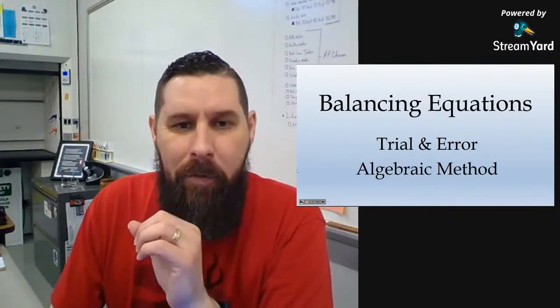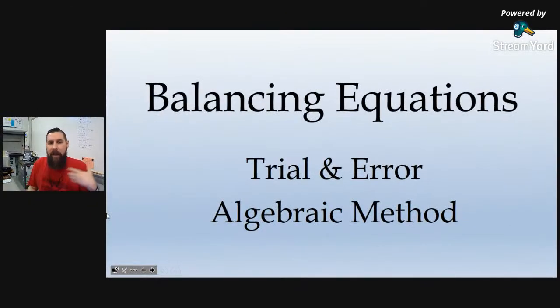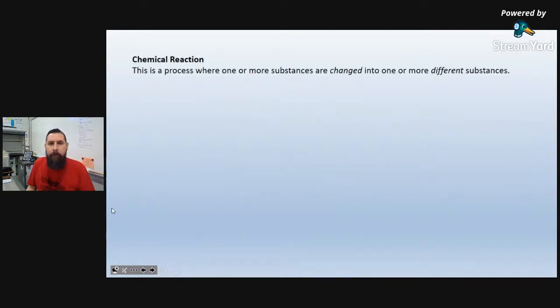Now, as always, before we start looking at the actual process, we need to get some terminology out of the way. So first off, what exactly is a chemical reaction? Well, this is just where we take one or more substances and we change those into one or more different substances. They undergo a chemical change. And hopefully, back in physical science, you learned the difference between chemical change and physical change.